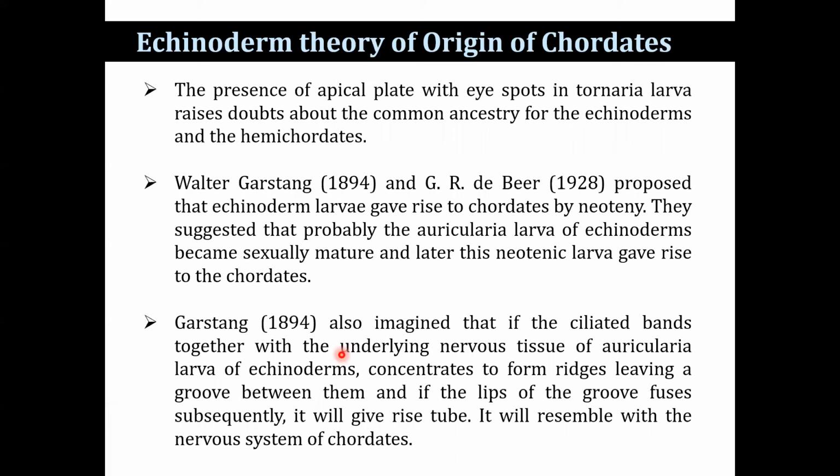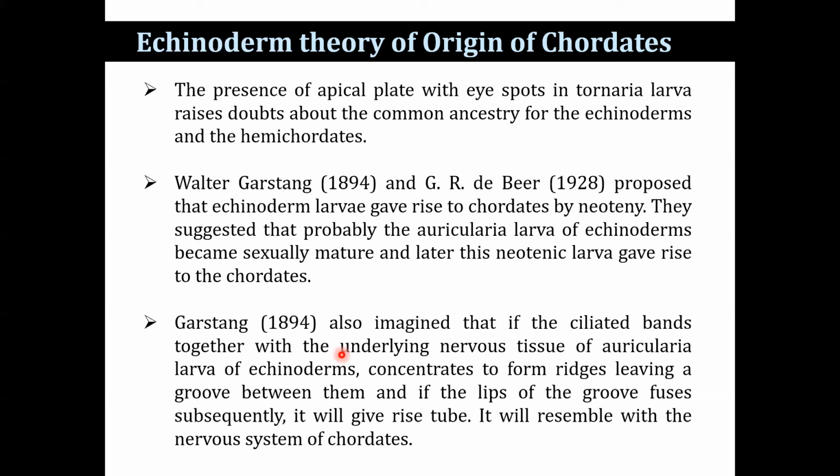Now, the presence of the apical plate with eye spot in tornaria larva raised doubt about the common ancestry for the echinoderms and hemichordates. Walter Garstang, 1894, and G.R. de Beer, 1928, proposed that echinoderm larvae gave rise to chordates by neoteny.